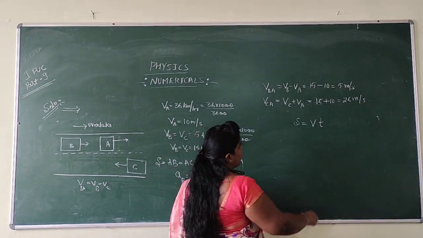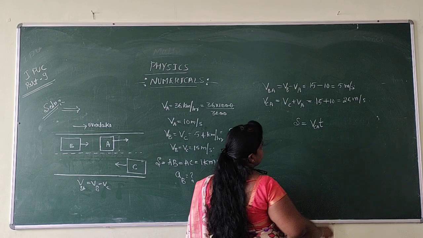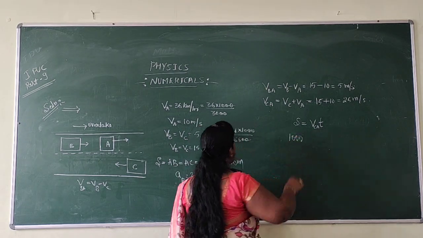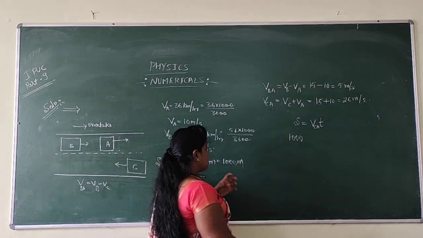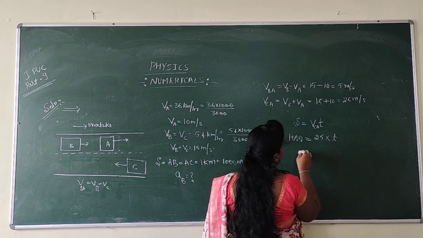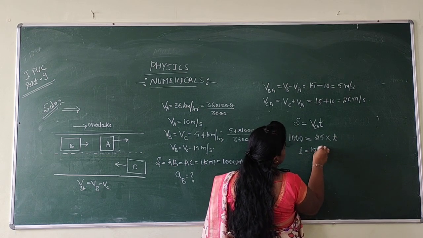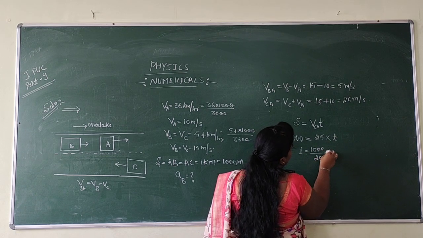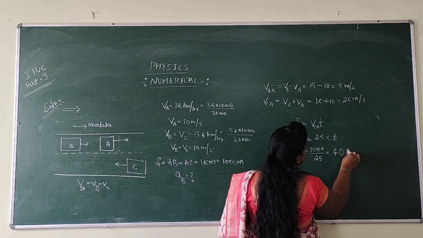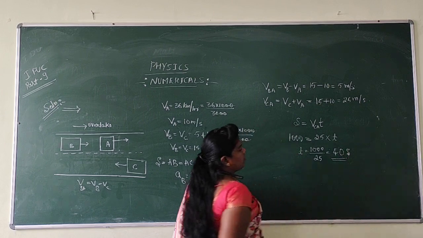See here, for this velocity I am substituting VCA. Then S is 1000 meter, which was given in the question, which is equal to, what is VCA? Here it is 25 into T. T is equal to 1000 divided by 25, which is equal to 4 seconds. Sorry, 40 seconds. Yes, 40 seconds.